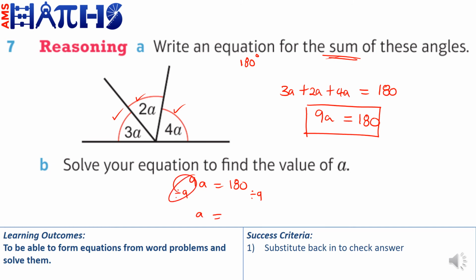And 180 divided by 9 is 20. So it therefore means that the size of a, or the value of a, is 20 degrees. It is important to remember angle facts because sometimes they will bring that into our algebra solving equations.